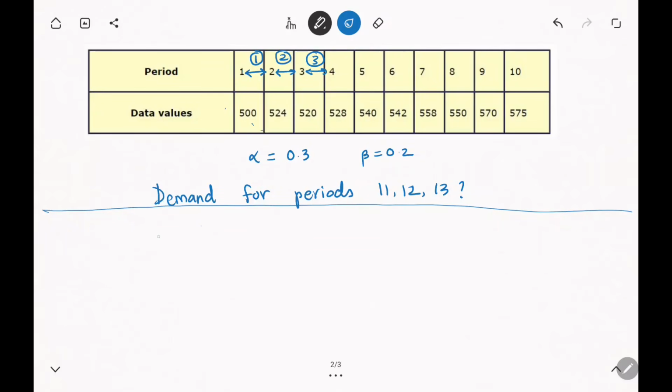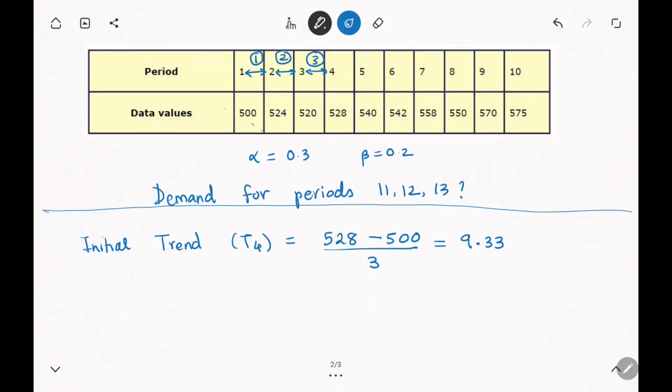What is the trend basically? How steeply does the value change? So what is the difference between the value at month 1 and month 4? To calculate the trend, we observe the value at month 4, that is 528, and the value at month 1, that is 500, and find the difference, which is 28.